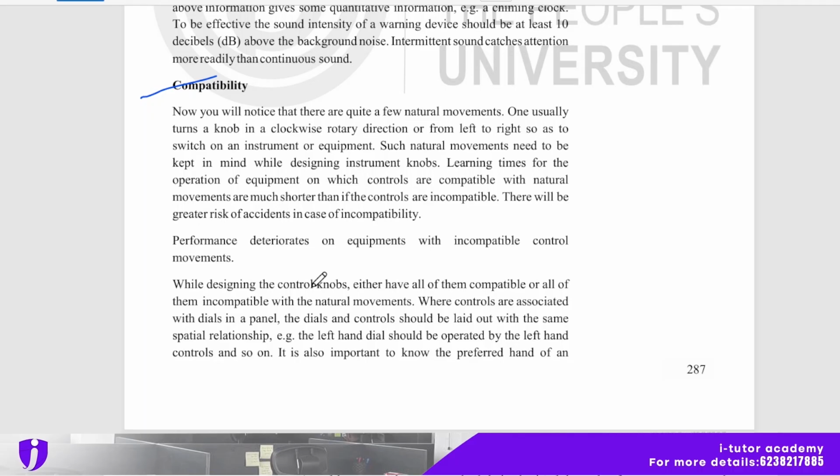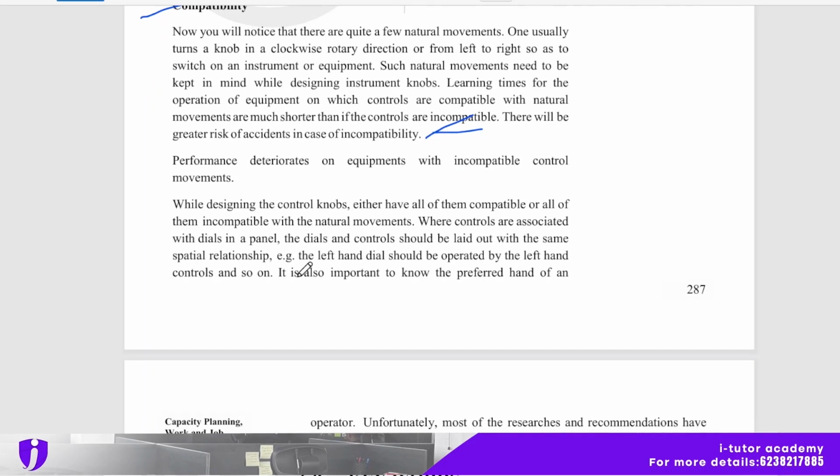Learning time for the operation of equipment on which controls are compatible with the natural movements is much shorter than if the controls are incompatible, and there will be greater risk of accidents in case of incompatibility, and performance deteriorates on equipment with the incompatible control movement.